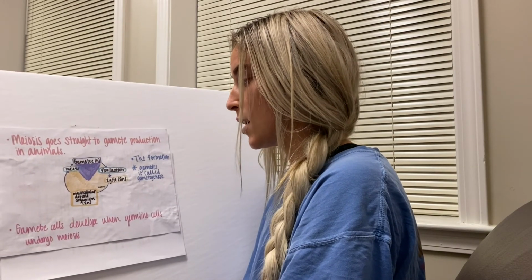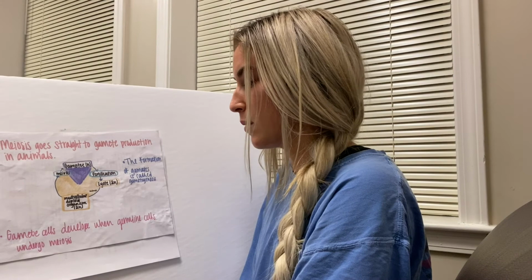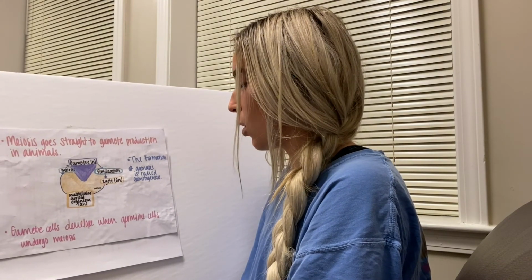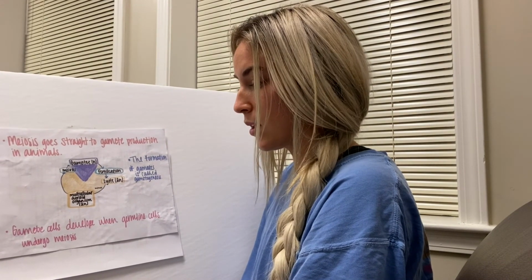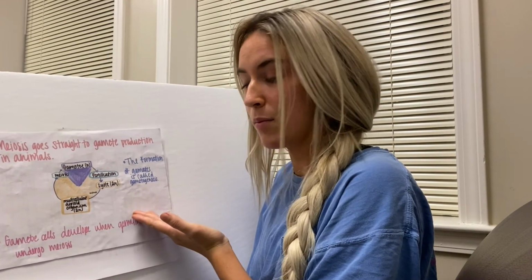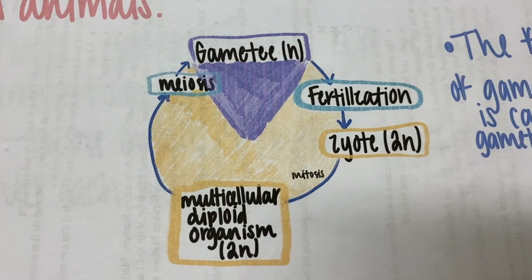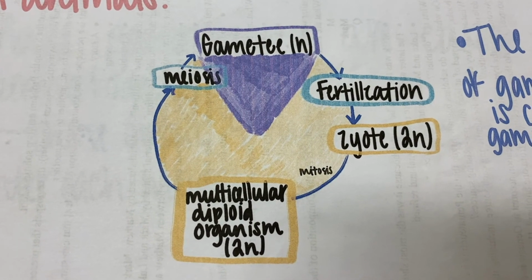Meiosis goes straight to gamete production in animals, and it also should be noted that this can occur in other organisms as well, but not as often. The formation of gametes is called gametogenesis. Gamete cells develop when germline cells undergo meiosis. Here you can see the diagram represents that. Here's a better up-close look at this diagram so you can visualize it for yourself at home.